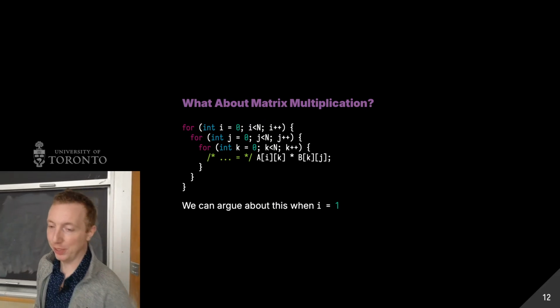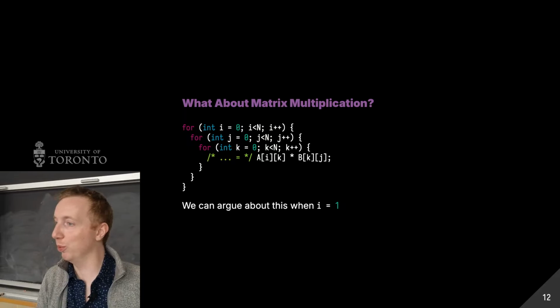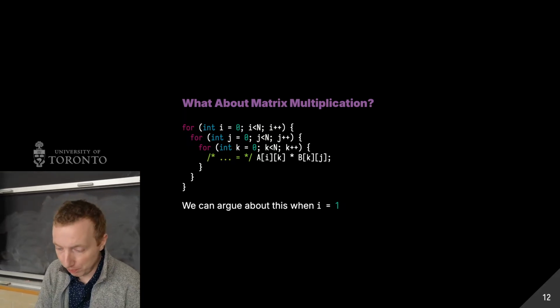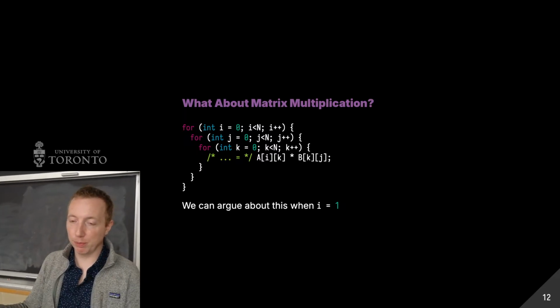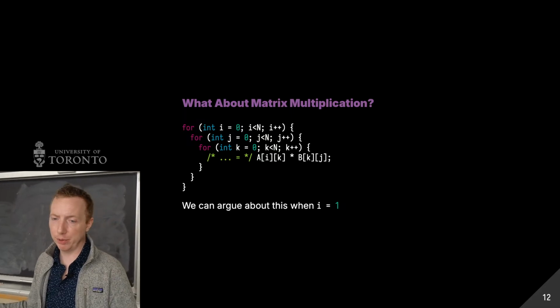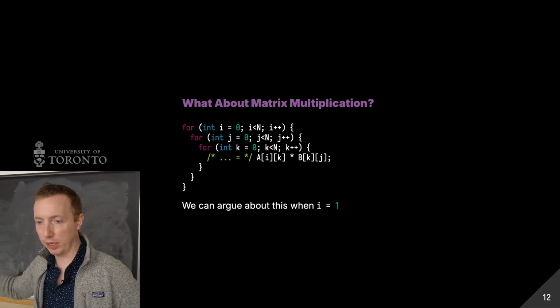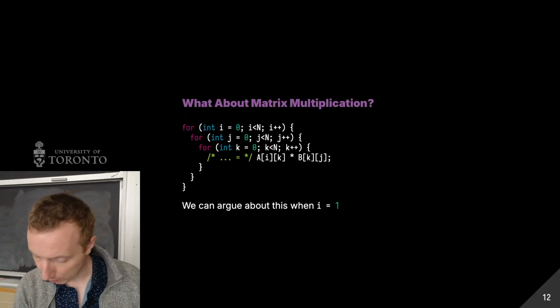All right, what about if we have something more complicated like matrix multiplication? If we have matrix multiplication, the easiest way to argue about this is what happens when I equals 0, whenever we're calculating a single element.